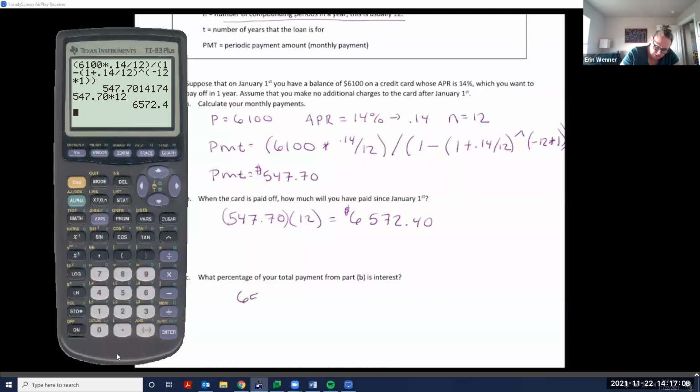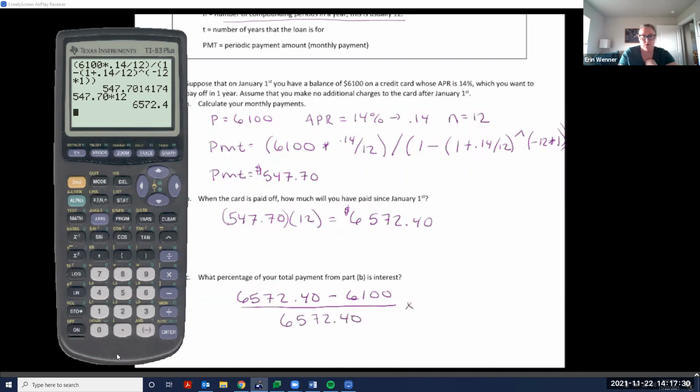We take our new balance minus the original balance, not adding an extra zero though. And it says what percentage of the total payment. So we're comparing that to the total payment, which is why our denominator is going to be $6,572.40.